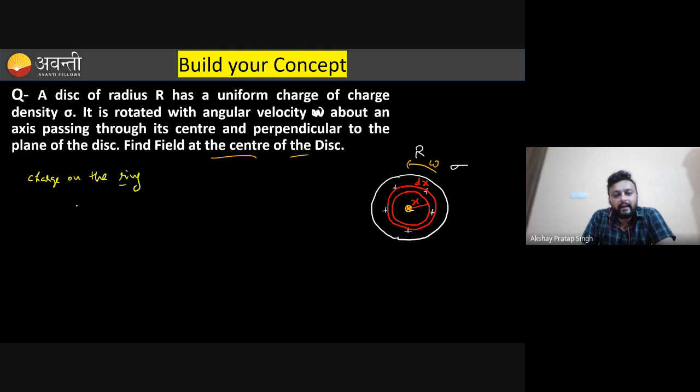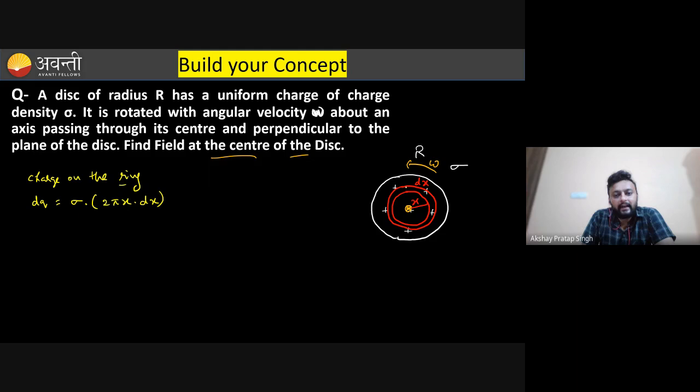You will say charge on the ring will be something very small, dq is equal to, from electrostatics, you know that sigma is the charge density, and what is the area of the ring? You will say, sir, perimeter of the ring is 2 pi x, and the thickness is dx. So this is the charge: sigma into dA, sigma into area. Clear?